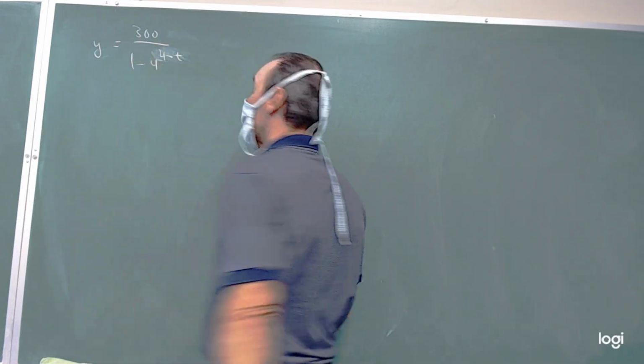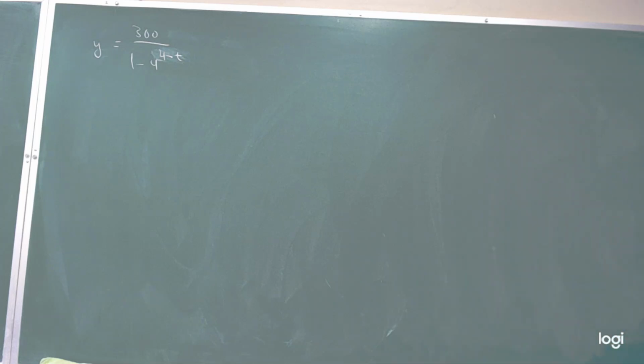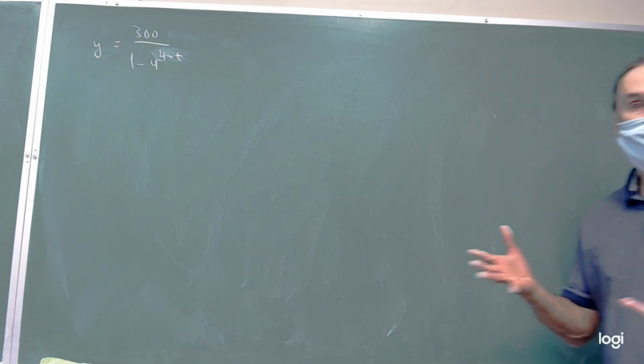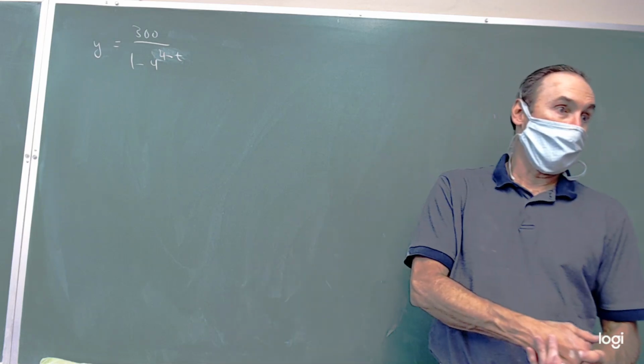So the question we're trying to answer, that we ran out of time with on the video, is when will the rumor spread at its maximum rate? So what we're really trying to maximize is the derivative.